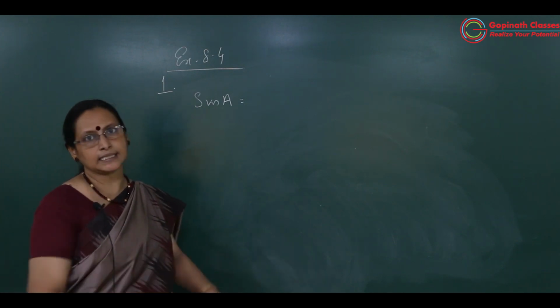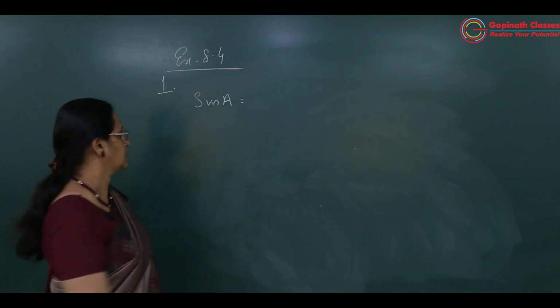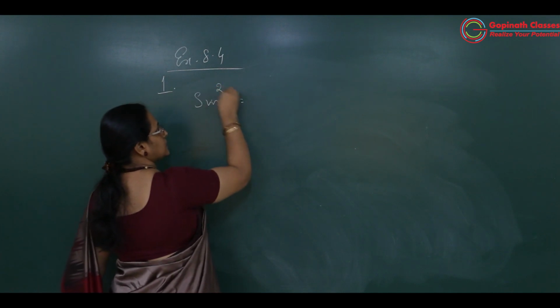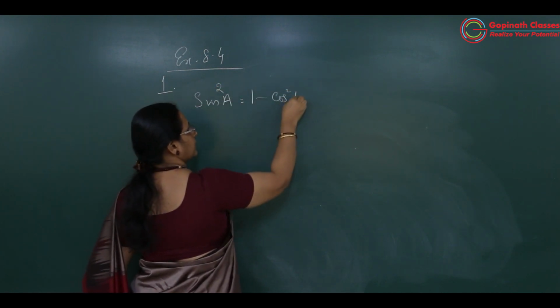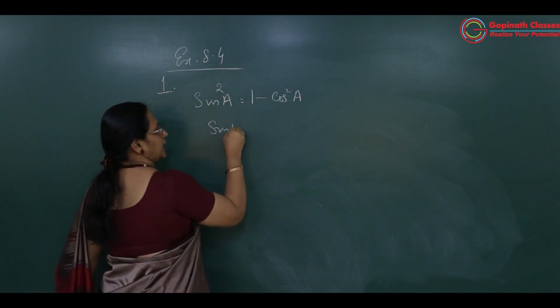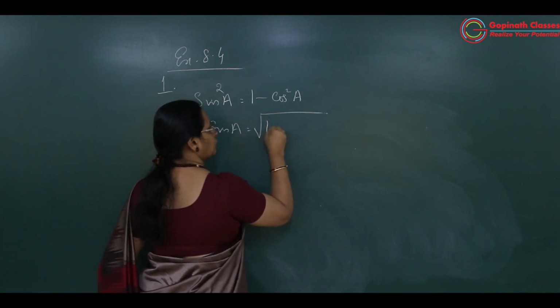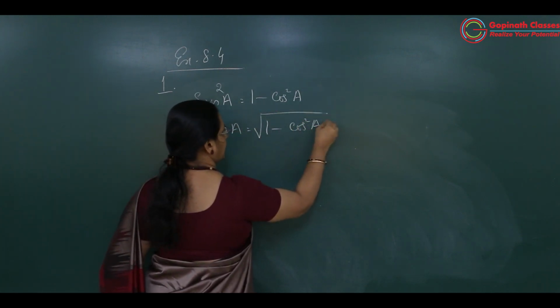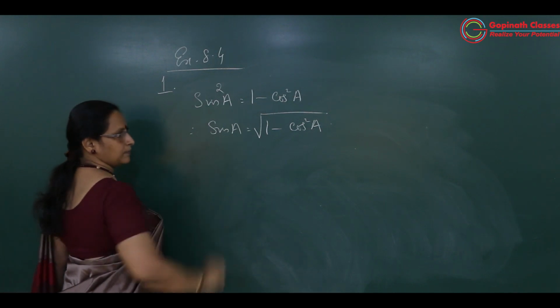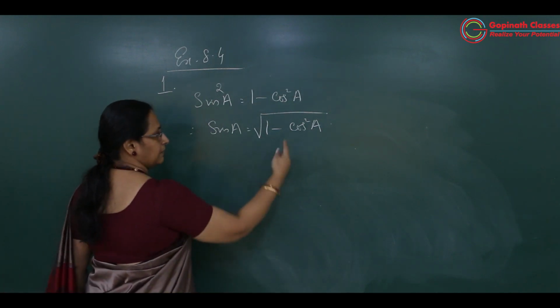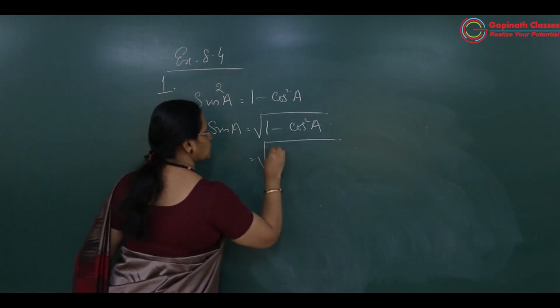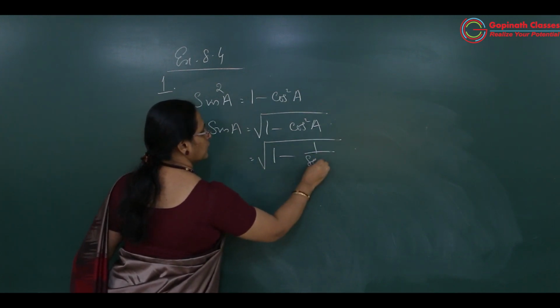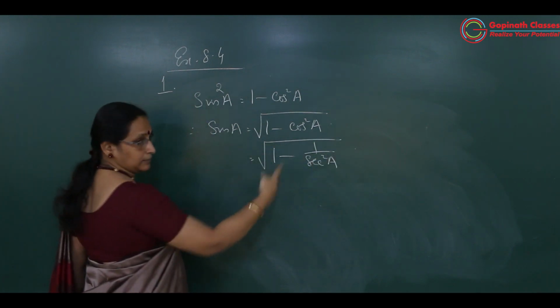You know, sec is the reciprocal of cos. So, sin square A is 1 minus cos square A. So, I can write sin A as under root of 1 minus cos square A. Hope you understood it. Now, cos can be clearly written as 1 upon sec, so 1 minus 1 upon sec square A. हो गया, sec के term पे.